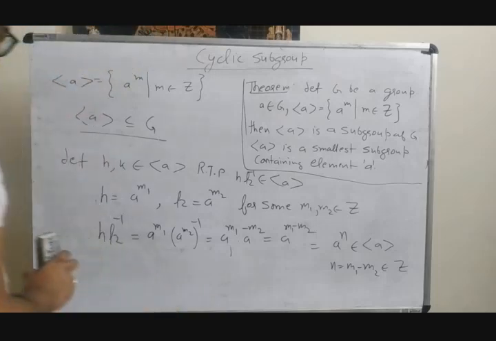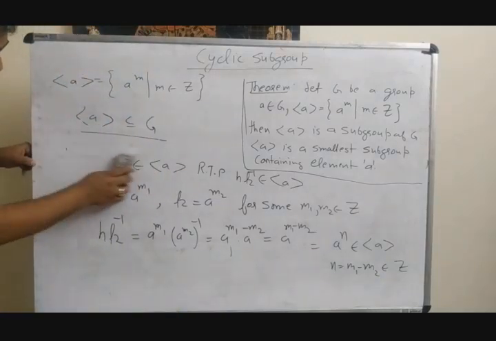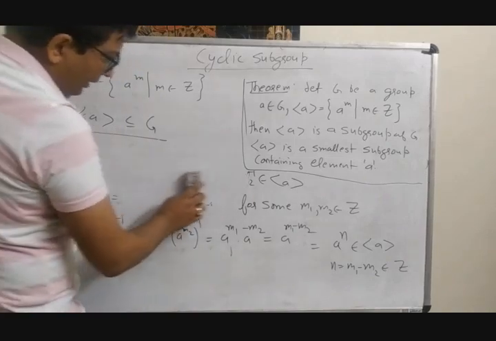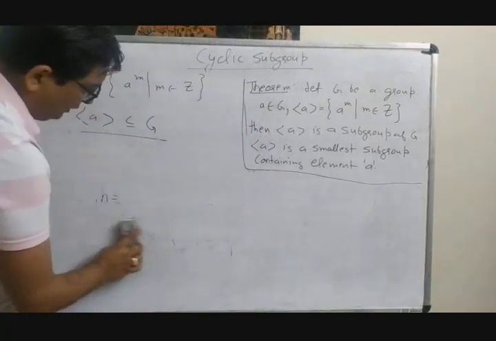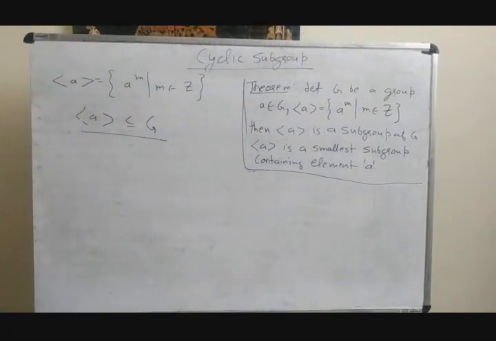Now the second thing, which is important, is to prove that this subgroup is the smallest subgroup of G which contains the element a.